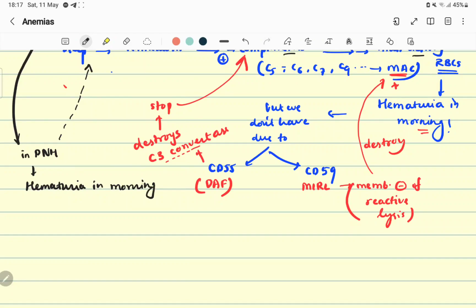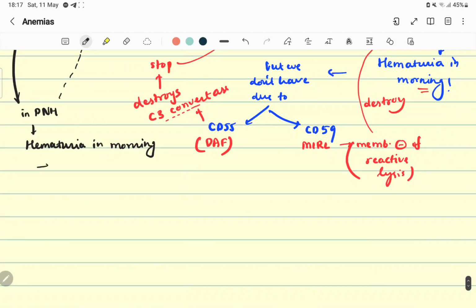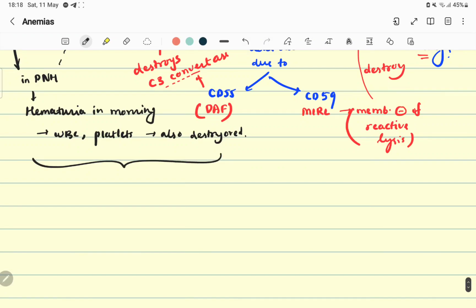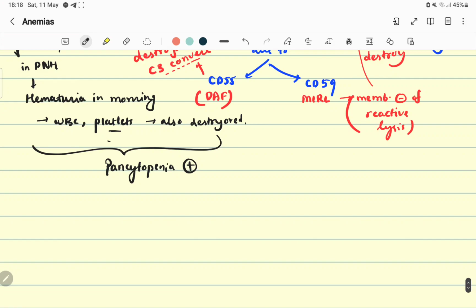Only the first sample, okay, only the first sample. WBC and platelets will also be destroyed. So we can say that we have a pancytopenic state, pancytopenia present. Thrombocytopenia is also present, leukocytopenia is also present.